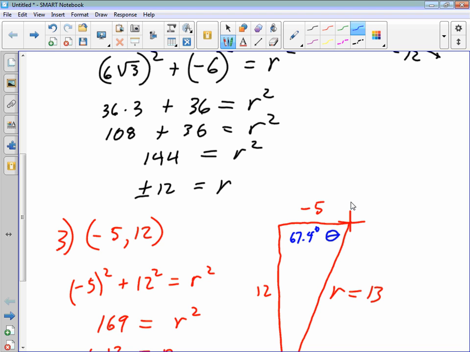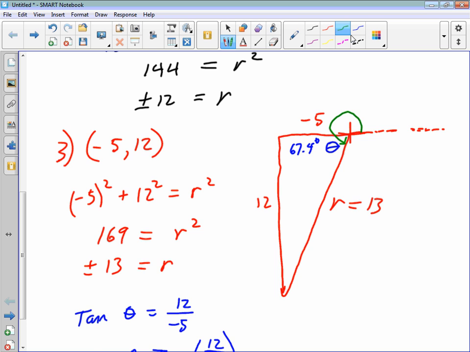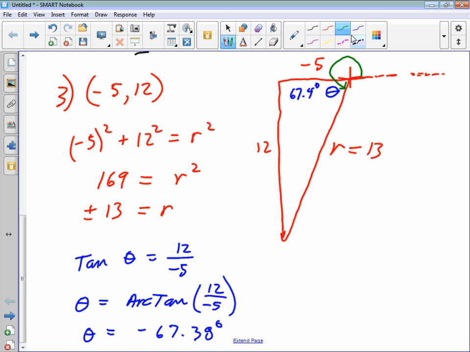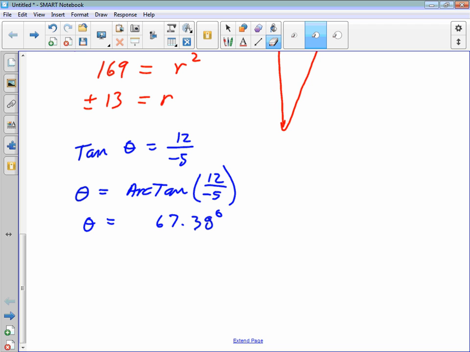And then in order to get the actual angle for the coordinates, you have to remember that we are starting here, wrapping the angle all the way around like that. So that looks like we're adding 180 degrees to our theta. So for now, you're going to have to ignore the sign, and it takes a little doing sometimes.